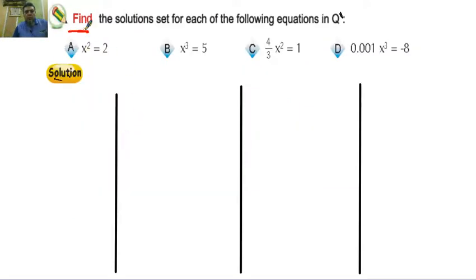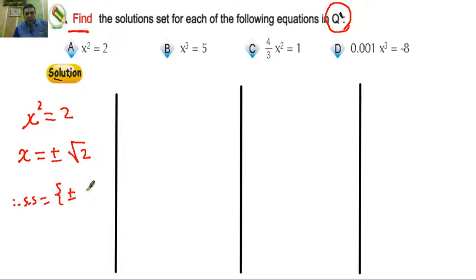Find the solution set for each of the following equations in Q and in Q dash. x squared equals 2. By taking the square root of both sides, x equals positive or negative square root 2. 2 is not a perfect square, so the solution set in Q dash equals positive or negative square root 2.